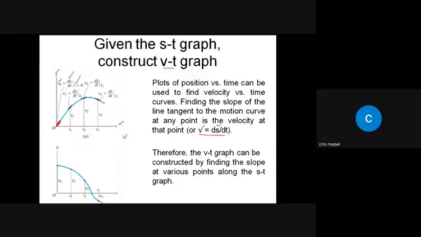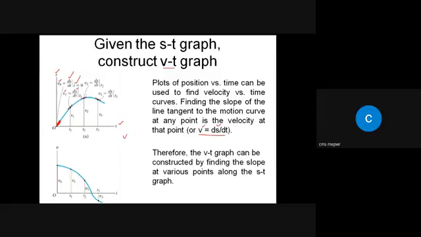I know that the slope of this curve is equal to velocity, so I got this v naught. Then at another point, I again find out the slope of this line. Let it be at time t1. I have given it the name v1 because the slope is equal to velocity.